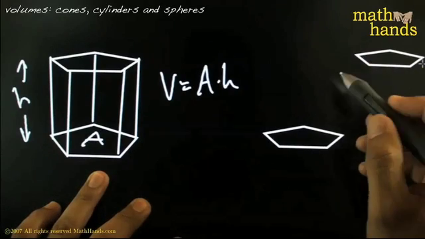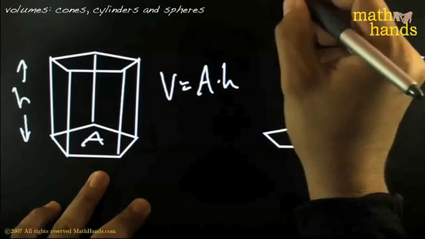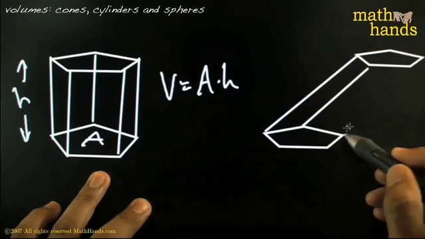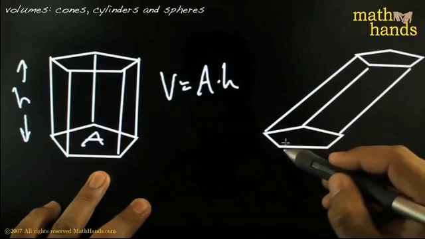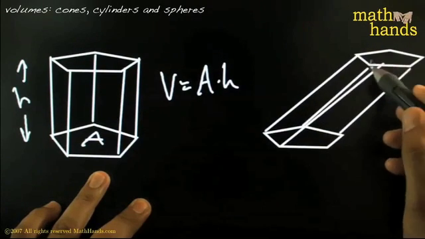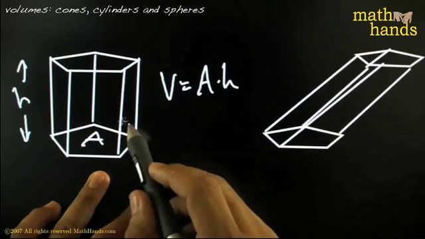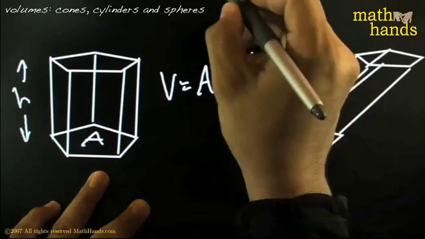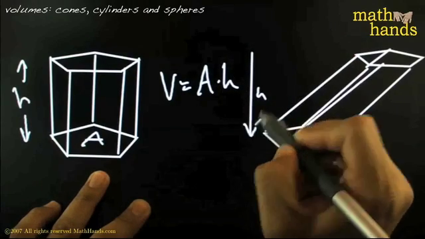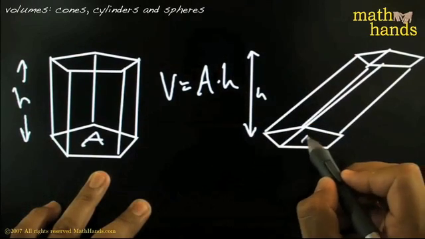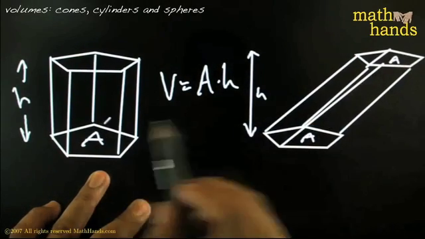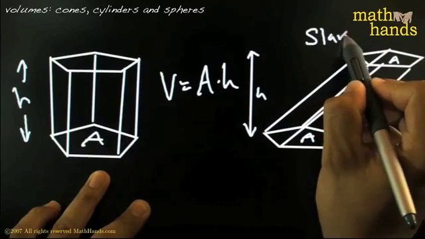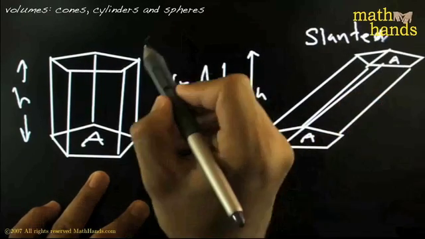If it was slanted like this, the question is, which would have more area now? The one that's straight up like this, or do they both have the same height? If you measure it this way, H, they have the same height, and they both have the same area on the bottom, A. The question is, which one would have more volume? The one that's slanted, or the one that's upright?